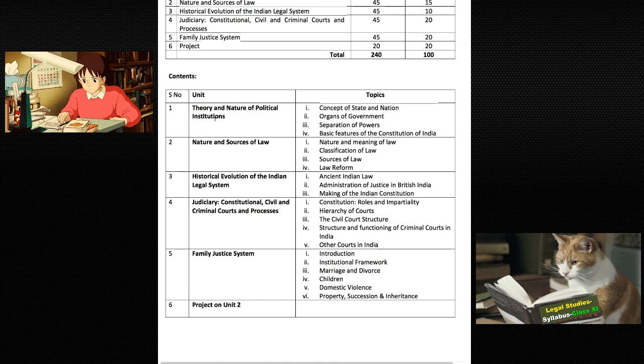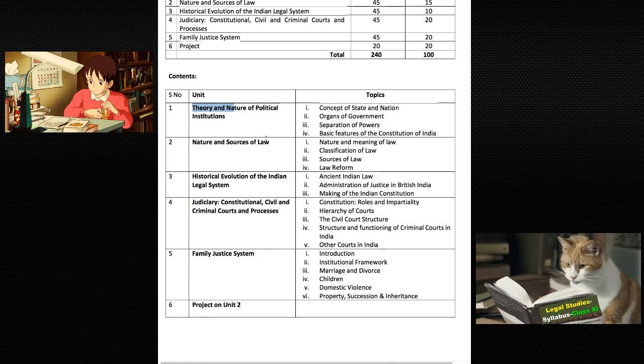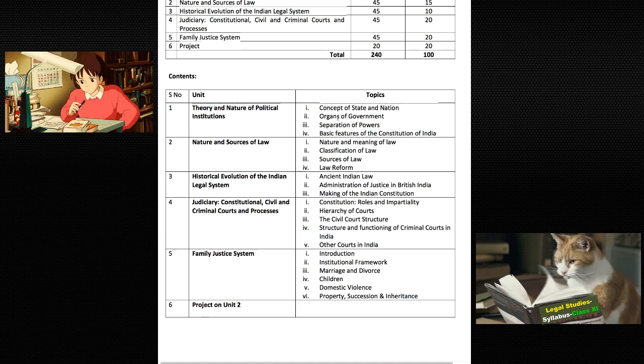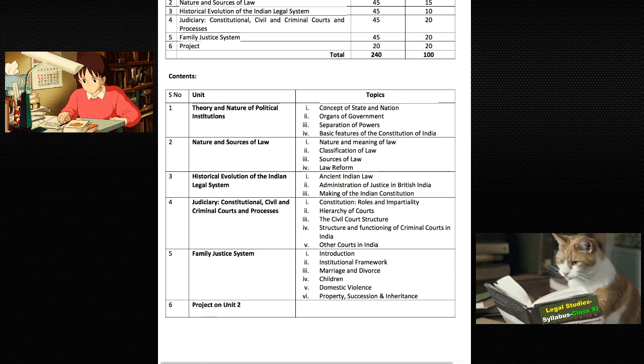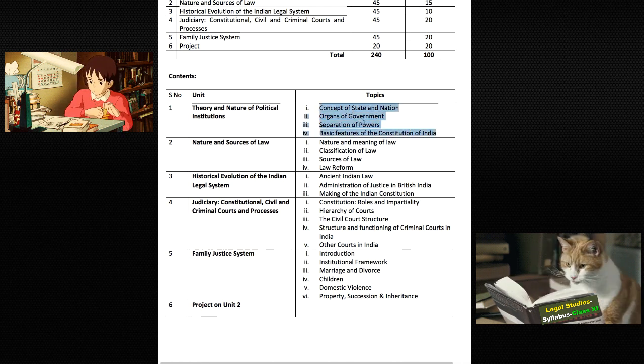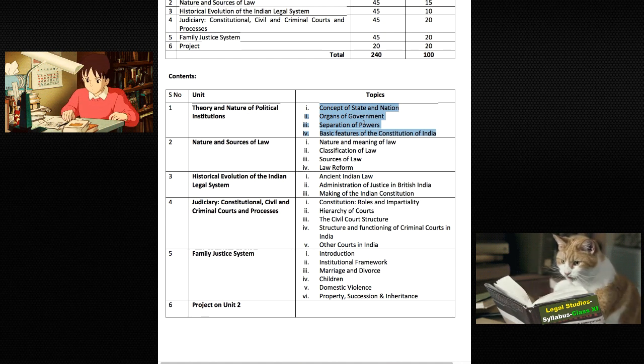Now come to the syllabus. The first one is Unit 1, talking about the theory and nature of political institutions. Under this unit we have the chapters: concept of state and nation, organs of government, separation of powers, basic features of the Constitution of India. I believe there is not a single term here that you haven't studied in your previous classes in 9th or 11th in the subject civics, social science civics.